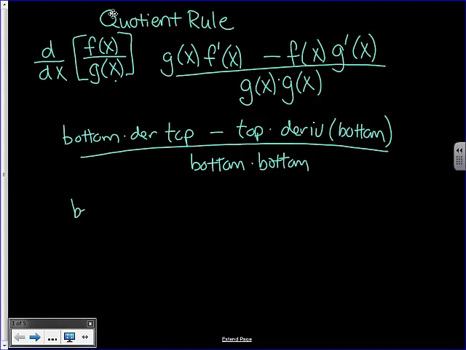So bow de toe minus toe de bow all over bow. Okay, just real pretty simple. And that d dx there just means take the derivative of. Okay, so example 1. d dx of 5x minus 2 over x squared plus 1.